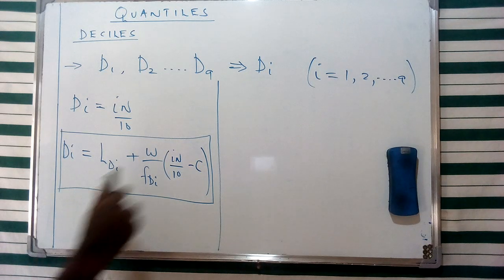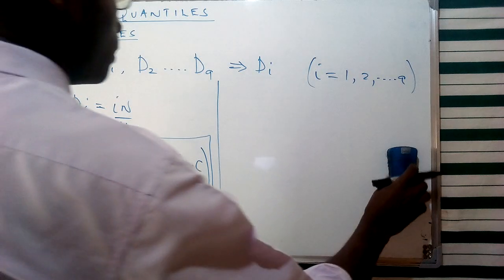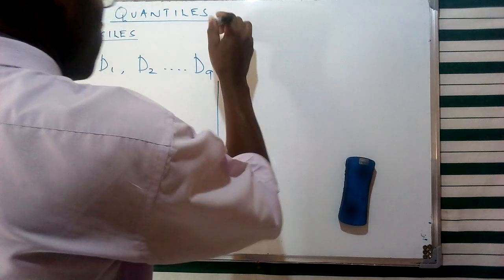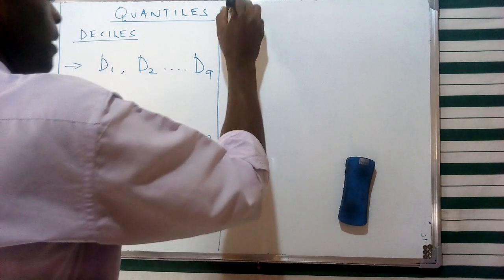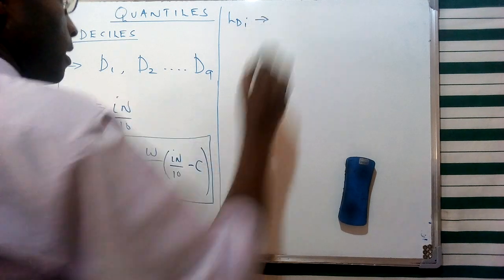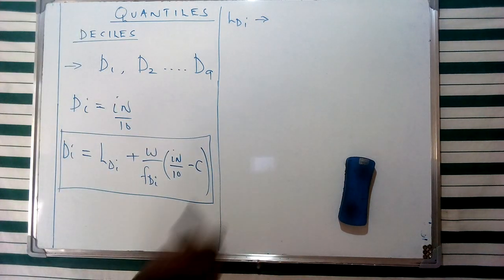Now, in summary, we have this specific formula, whereby LDi represents the lower class boundary of the decile class.